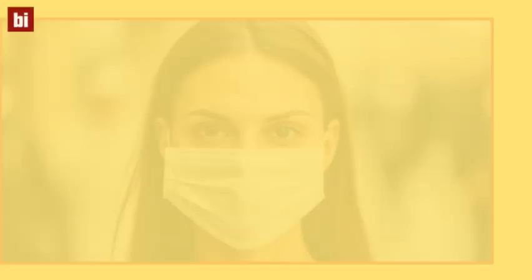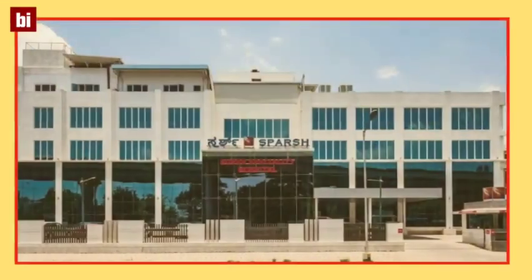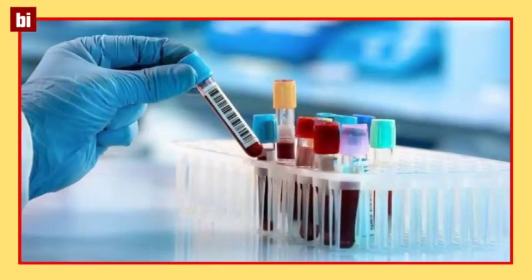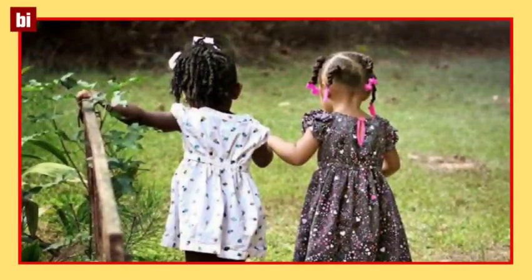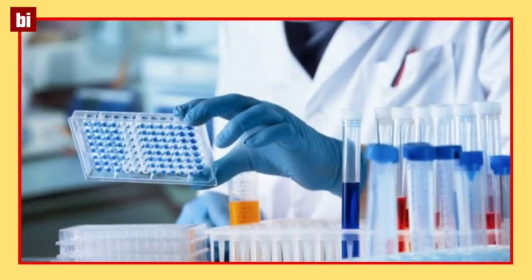Human metapneumovirus, HMPV, is a newly identified pathogen causing acute respiratory tract infections in young infants worldwide.